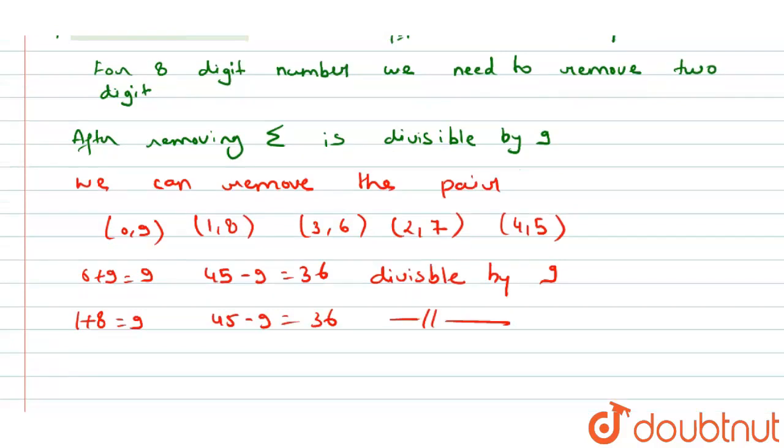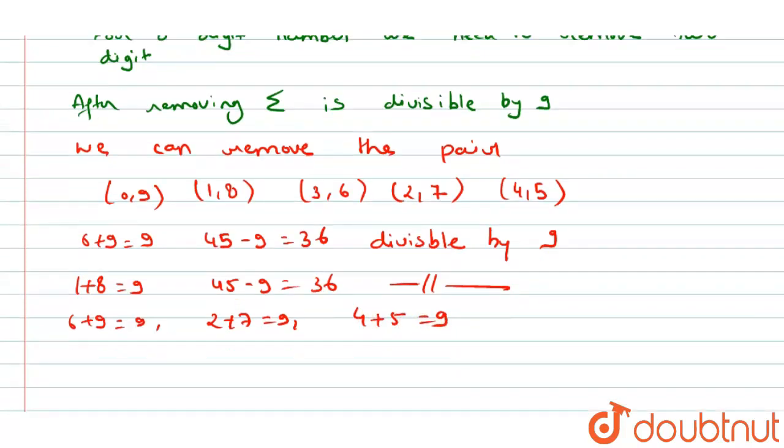Similarly 6 plus 3 is also 9, 2 plus 7 is 9 and 4 plus 5 is 9. It means when we remove any of these pairs, the sum is divisible by 9.